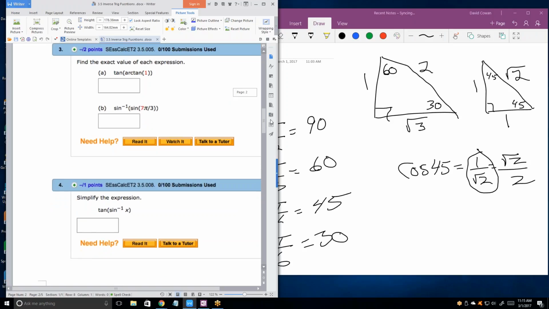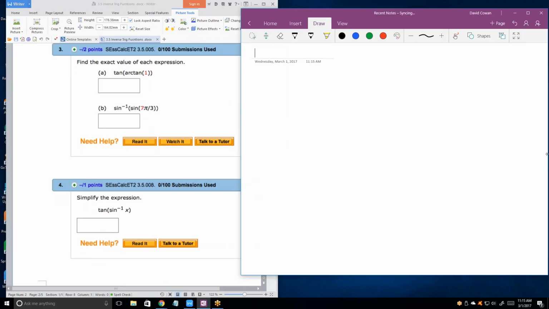All right. Now they get a little trickier. When you're taking the tan of the inverse tan, let's see if I can think of a little bit better one to do.